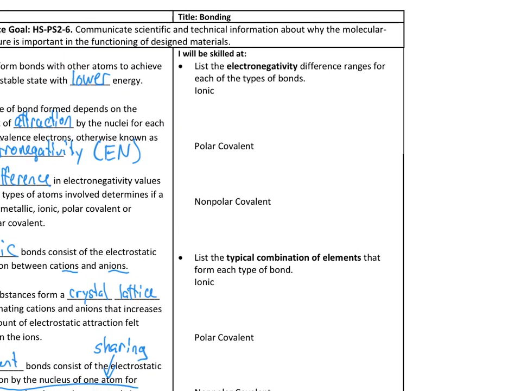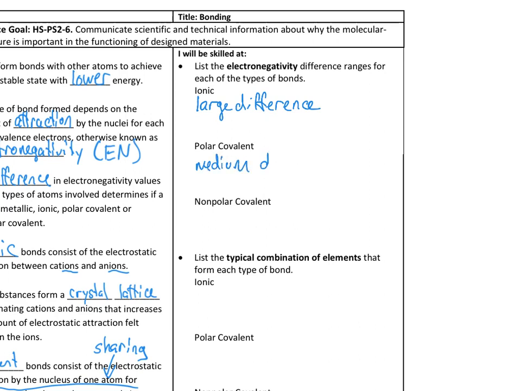Okay, so here, the electronegativity differences for each type of bond. For ionic, we're not looking for actual numbers here. You just need to know that this is a large difference. That's what we did in that types of bonding packet where we did the addition and the averages and all that sort of stuff. From the polar bear packet, we learned that polar covalent has a medium difference.